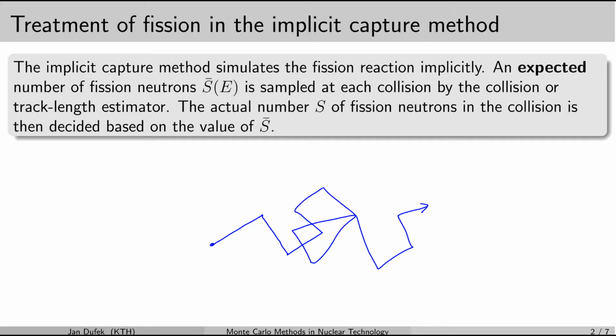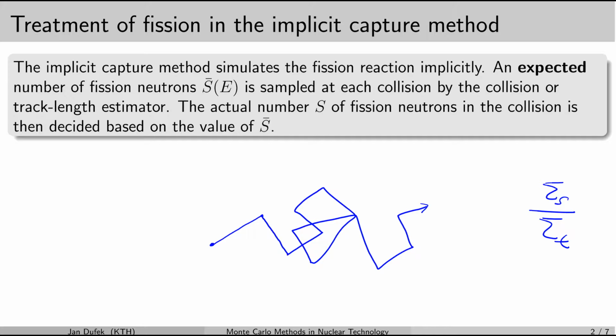Now, at every collision point we adjust the statistical weight to compensate for the changes in the sampling rules. We multiply the statistical weight by the factor sigma s divided by sigma t, the probability that the scattering reaction occurs in analog simulations.